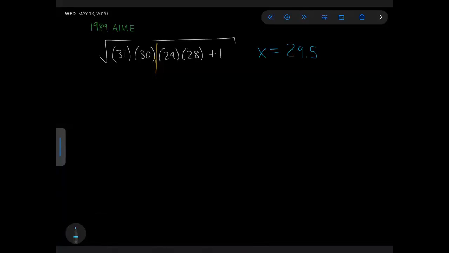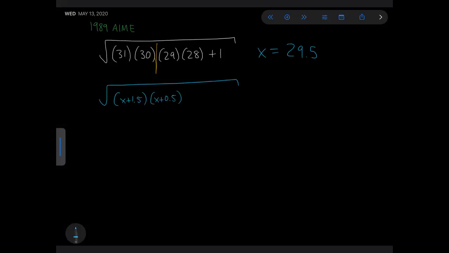And we can rewrite everything else, right? This is x plus 1.5 minus 5.